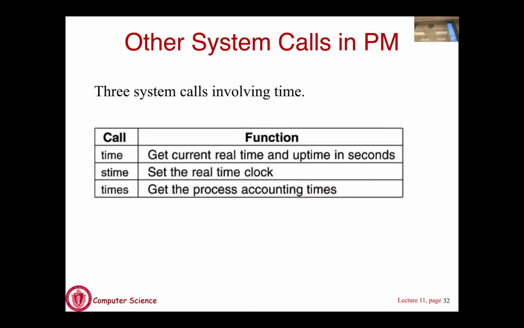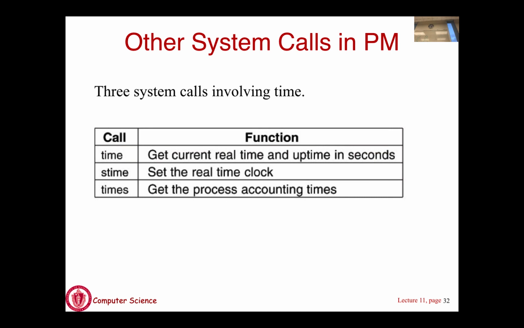All right. So there are several other system calls in process management which you should know about, but I am not going to cover them in any detail. There are some that allow you to do time and so on. Maybe you are going to use some of this for your lab when you try to figure out the turnaround times.